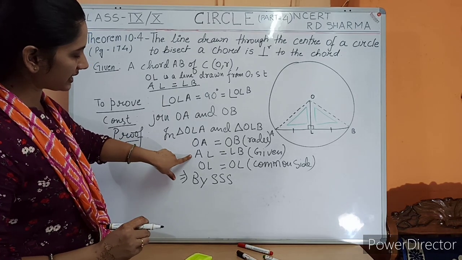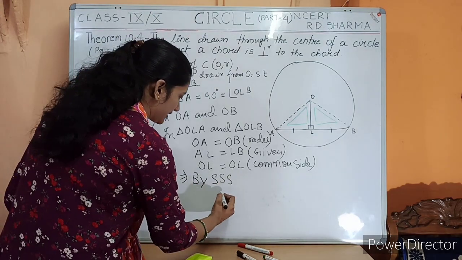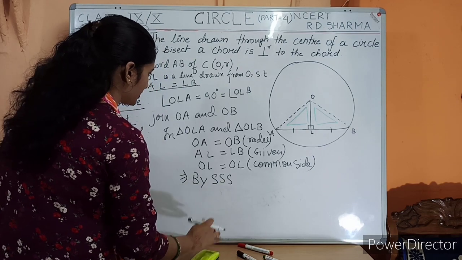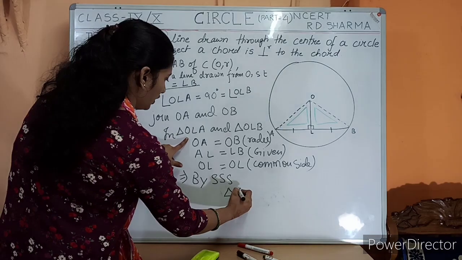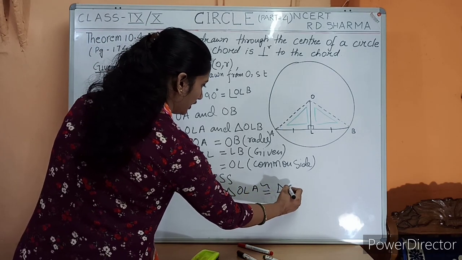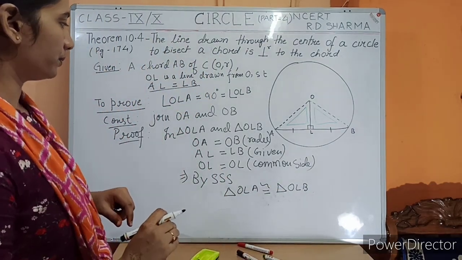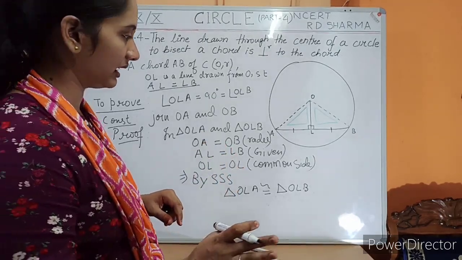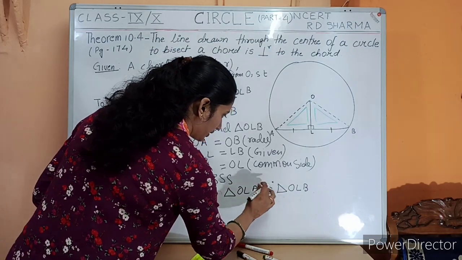This is a side, this is a side, this is also a side. So by SSS congruency criteria, we can prove that the triangle OLA must be congruent to the triangle OLB. I hope the theorem is clear till here. अभी ये complete नहीं है. Let us finish it. This must be congruent.